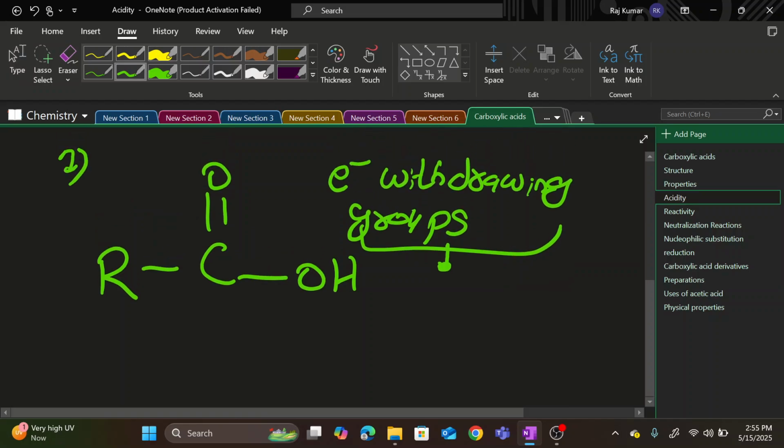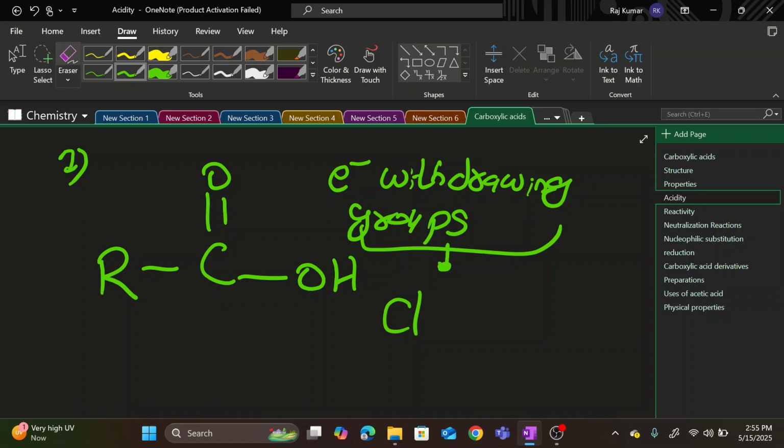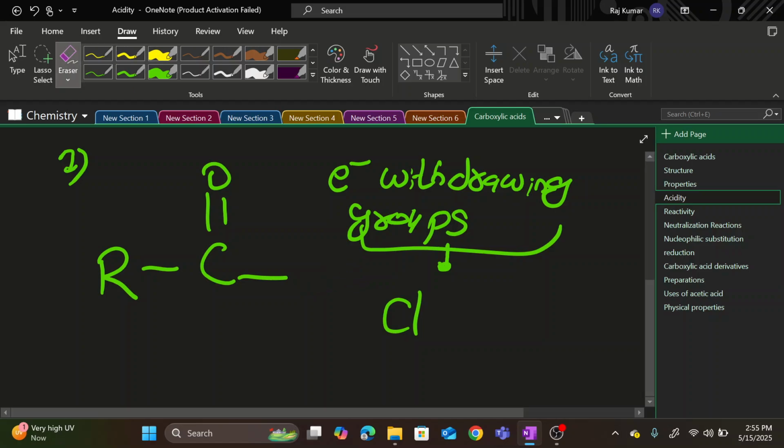Let's say I take an electron withdrawing group, chlorine, which is more electronegative, placed in place of the hydroxyl group.